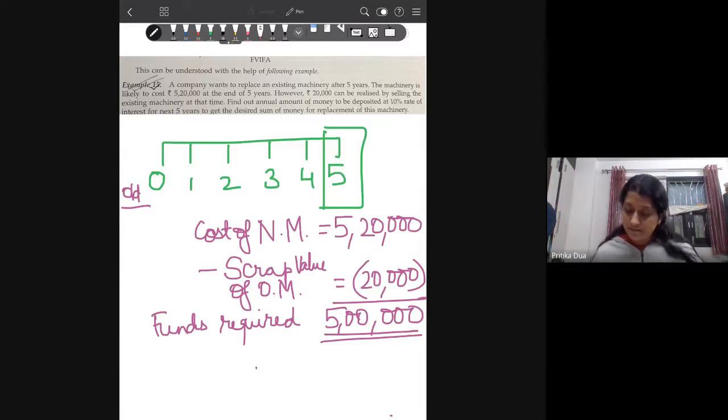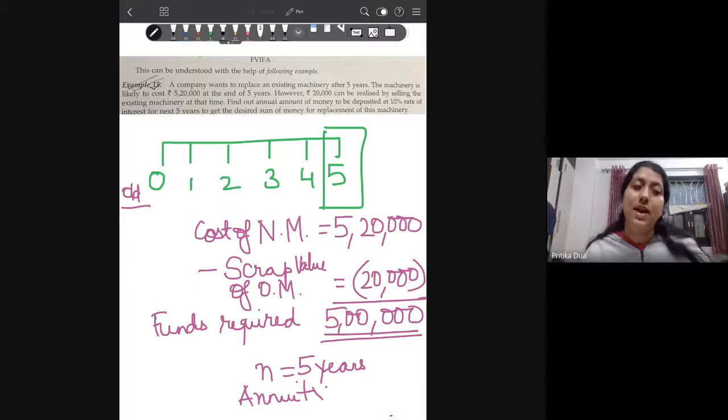Second thing, N is 5 years, and you want to know the annual amount that needs to be deposited to raise this money. So this is a question on annuity. When we solve such questions, first thing that we find out is whether we need to calculate the present value or the future value. Next, whether it is a question of unequal cash flows or annuity.